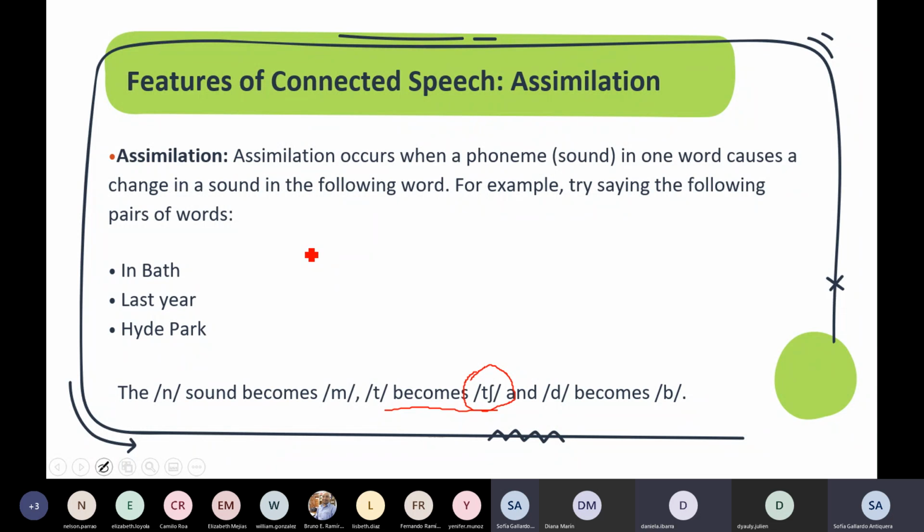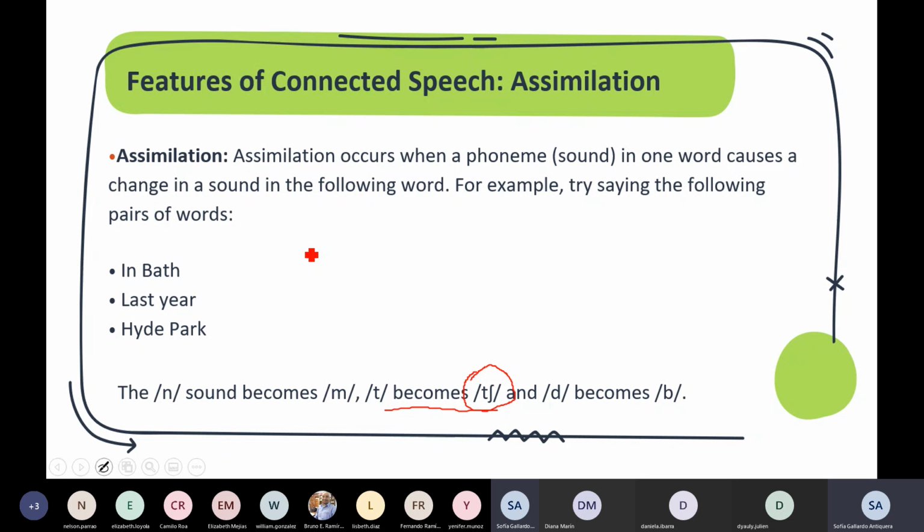So this is called assimilation, and this feature will help you to sound more native-like. Usually when we are speaking, we try to be careful to pronounce words correctly, but we can use this to sound like we have lived in another, English-speaking country.